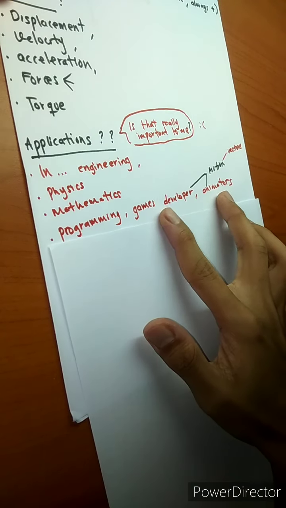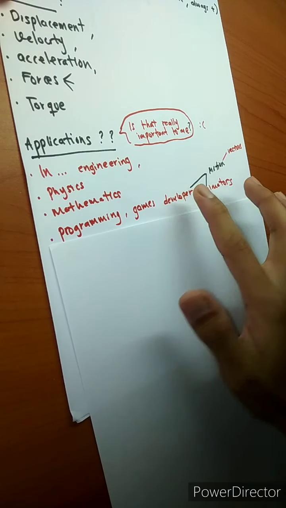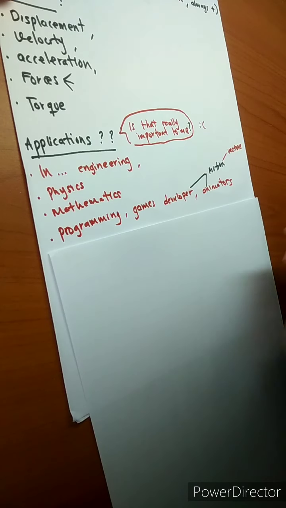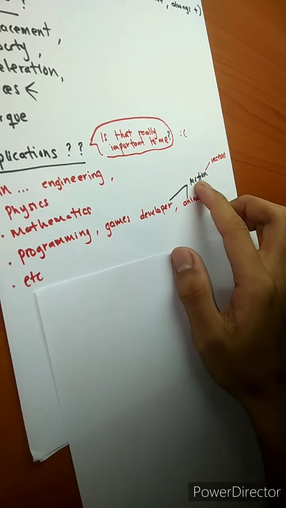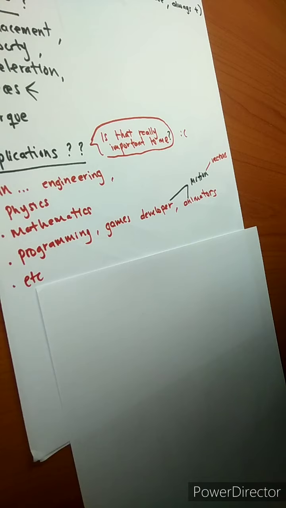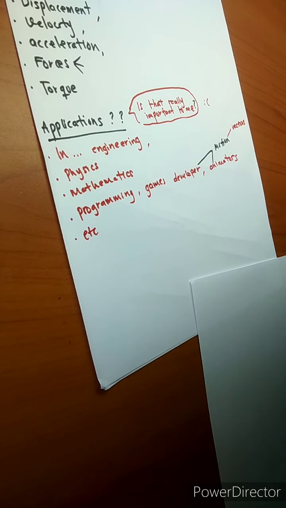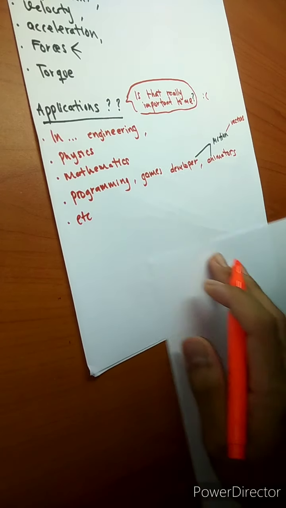Maybe you do not believe that programming, game developers, and animators use vectors, but in reality they do, because they deal with motion, and motion must have its own direction and magnitude. Let me explain a bit so that you have the intuition.